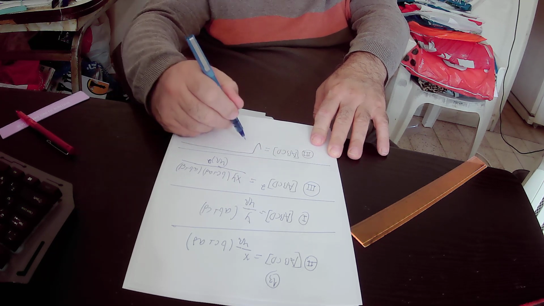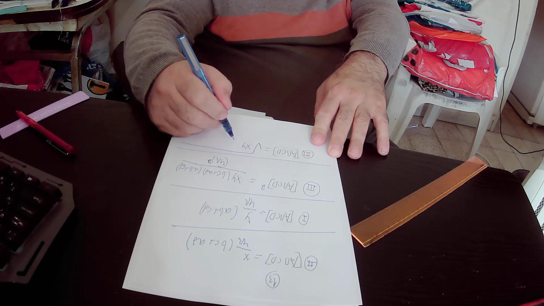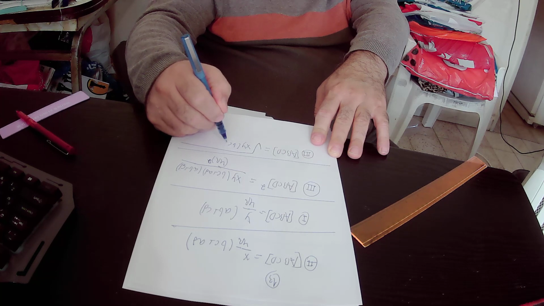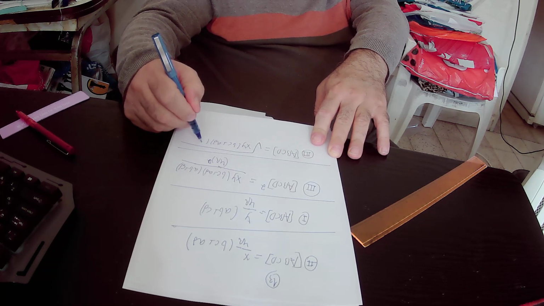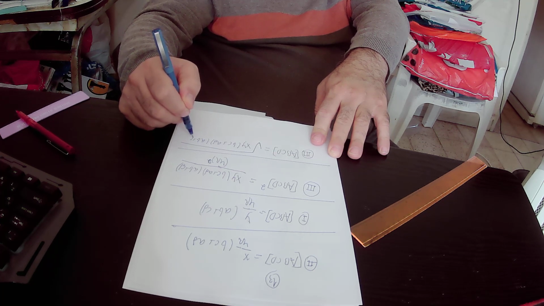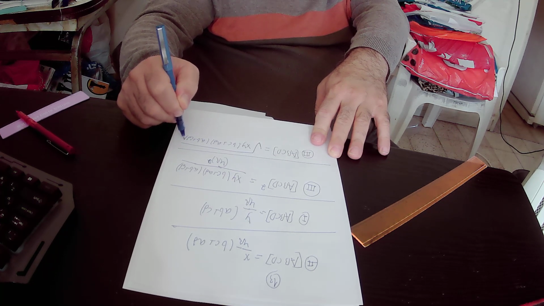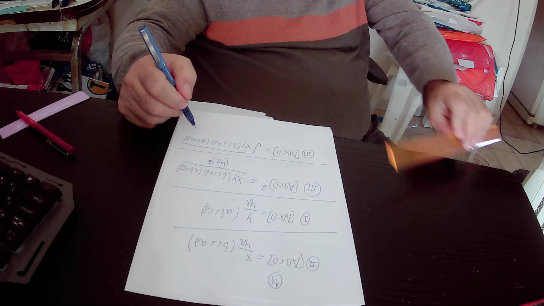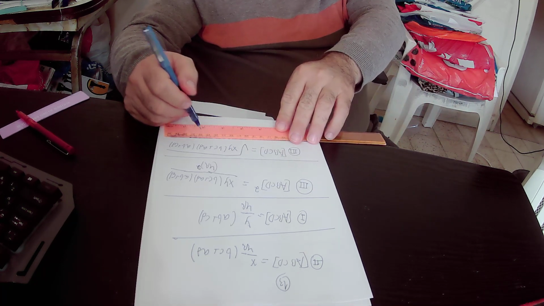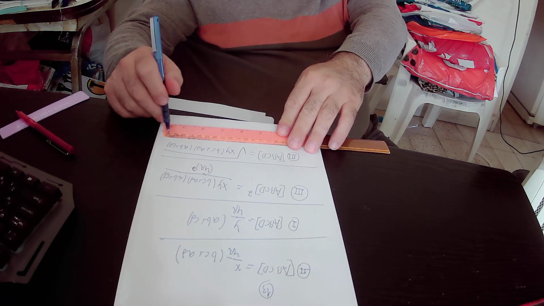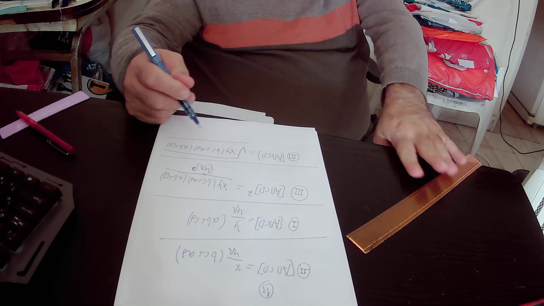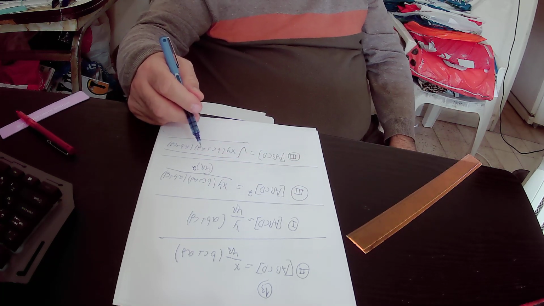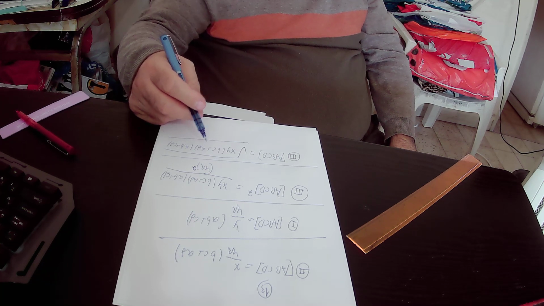So it will be equal to the root of xy times (BC plus AD) times (AB plus CD). And in the denominator we will have the root of 4R squared, which equals 4R.